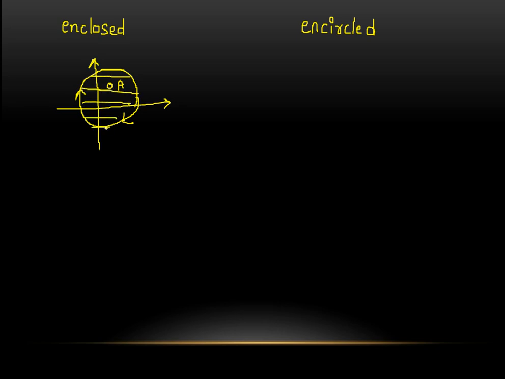That means any point or region is said to be enclosed by a closed path if it is found to lie to the right hand side of that path when the path is traversed in a particular direction.